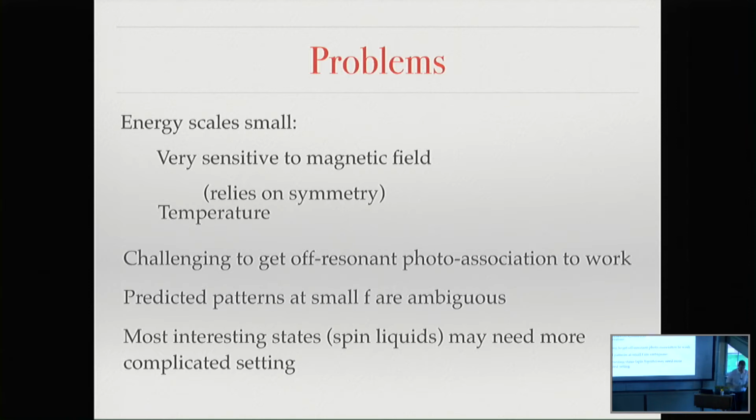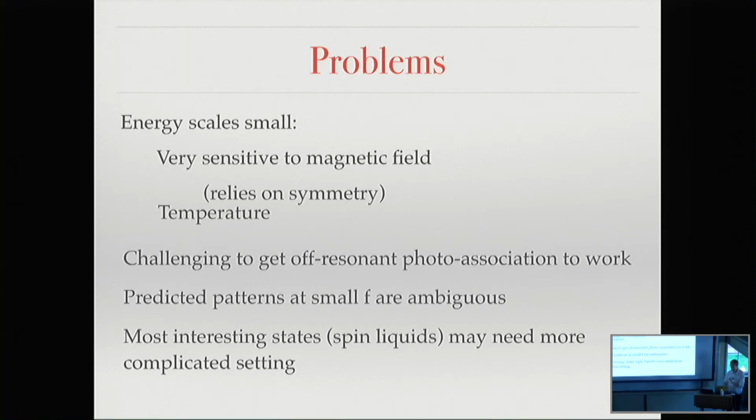Okay. All right. So what are the problems with this? Caden already asked about energy scales. You get pretty small gaps to excited states, and so there's really high sensitivity to temperature and high sensitivity to magnetic field.